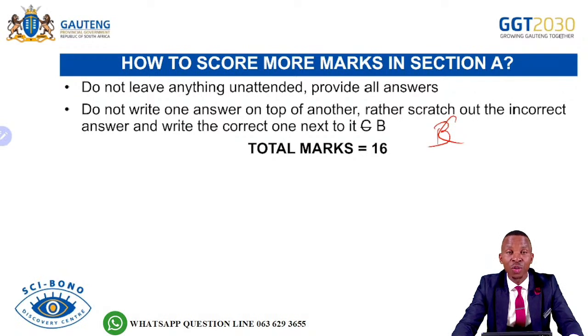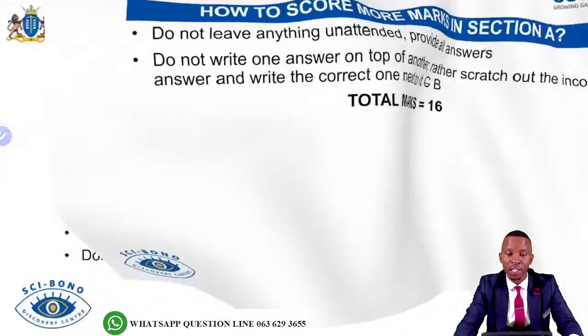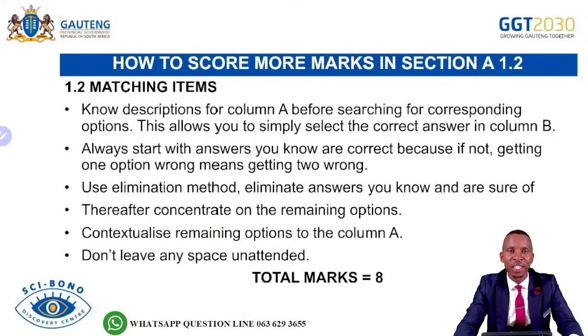You will get 0 for this. So if the answer you thought was B is wrong, you scratch it and write C if you think it is correct. Ensure that you do so, so that you cannot lose marks that cheaply. That will be giving you 16 marks. Remember, it is very important and every mark counts in this case. Matching items. You need to know your descriptions for column A before searching for corresponding options.